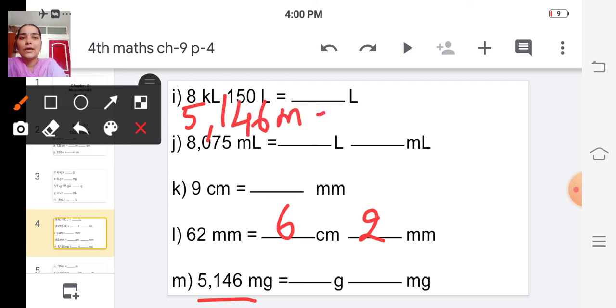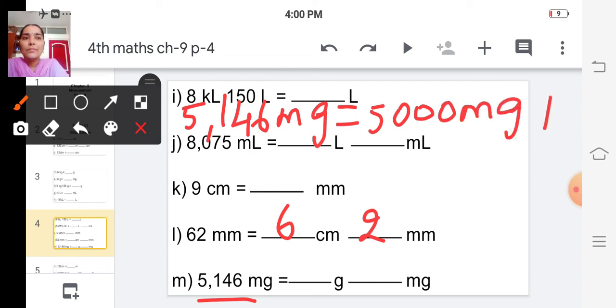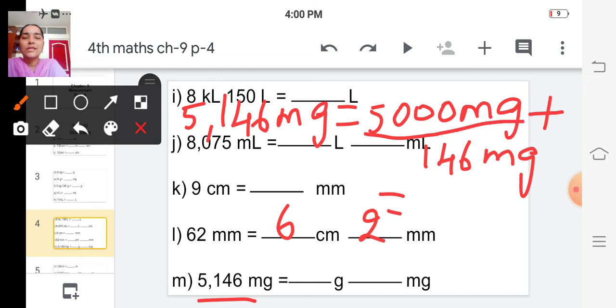This will be equal to 5000 milligram plus 146 milligram. 5000 milligram is equal to 5 grams, plus 146 milligrams.